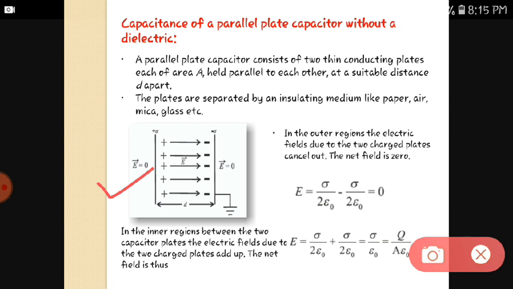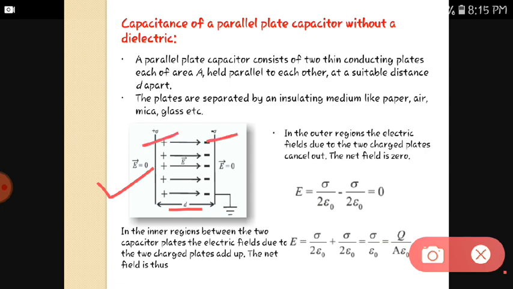Then an electric field will be there within the two parallel plates because there is no dielectric medium in between. They are held parallel to each other at a suitable distance d.